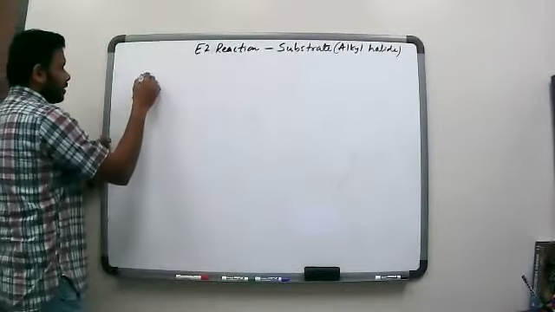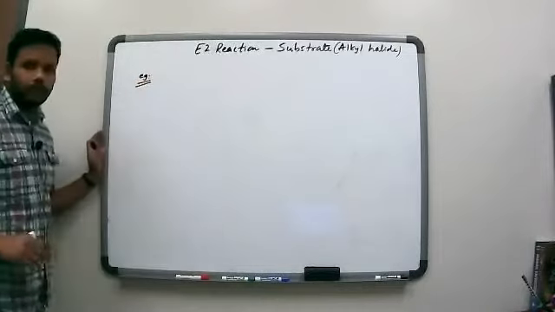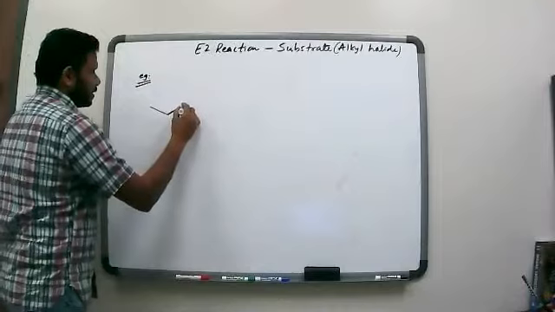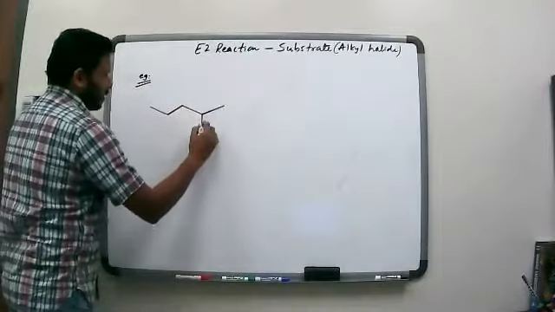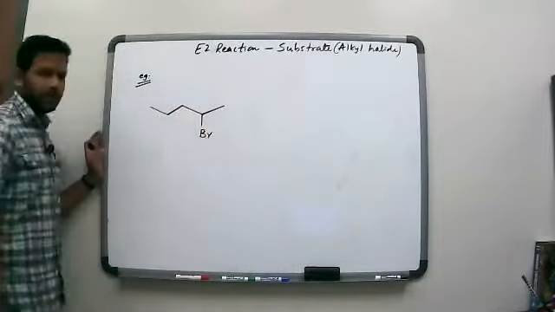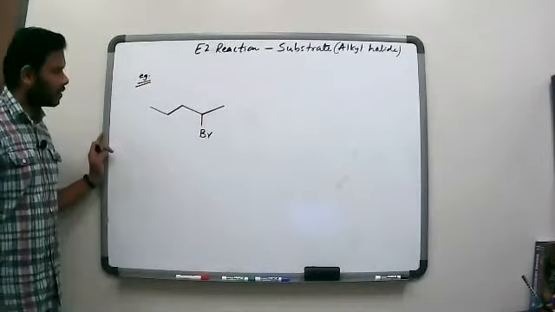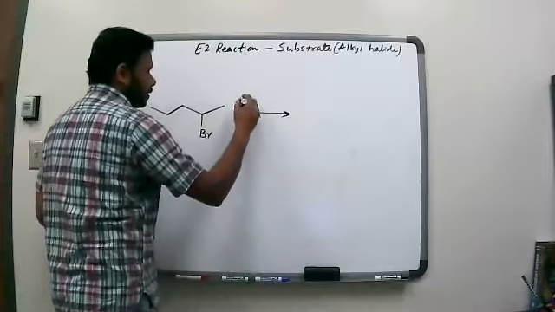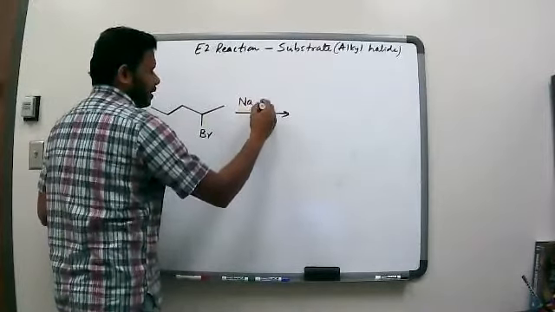So let's look at this example here. Let's consider an example where we have an alkyl halide here. This is an alkyl halide. And let's say we react this alkyl halide with NaOEt.